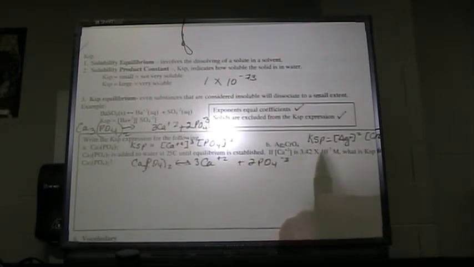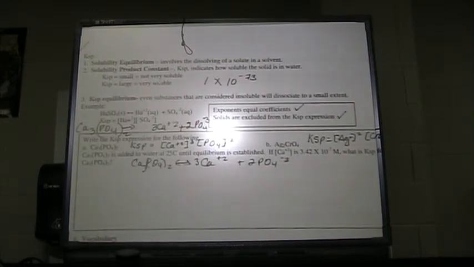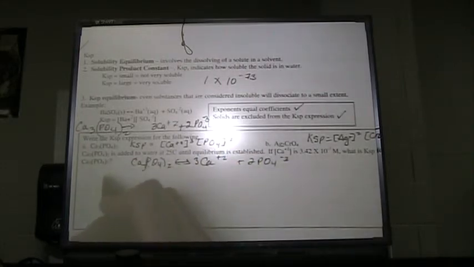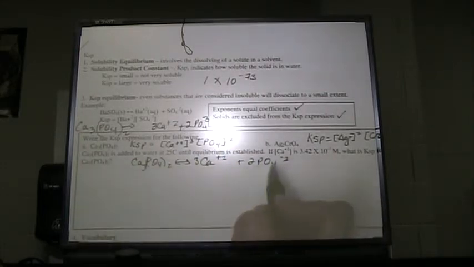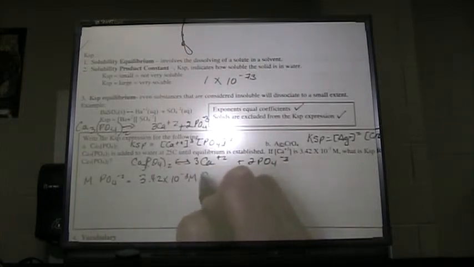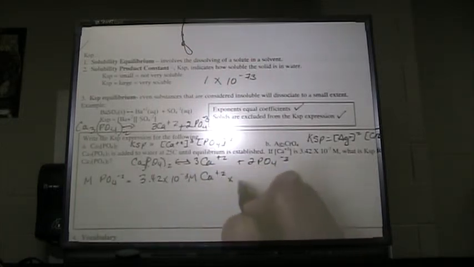Now, they told us what the calcium ion concentration, the molarity, is. Now we need to know what the phosphate concentration is. Well, we can do a little stoichiometry based on here. I would like to know the molarity of the phosphate if I'm given the molarity of the calcium ion.